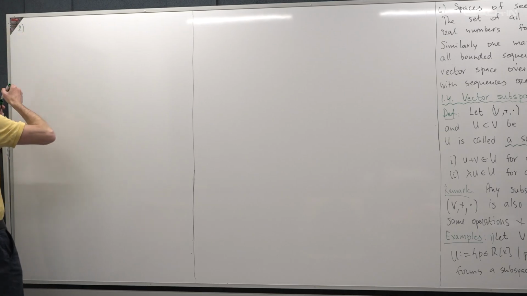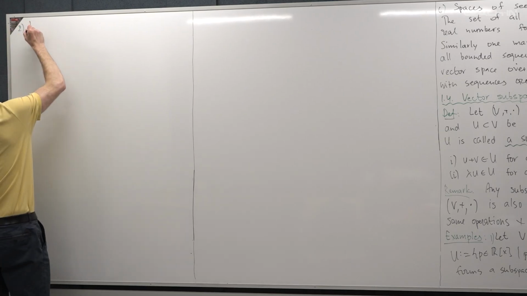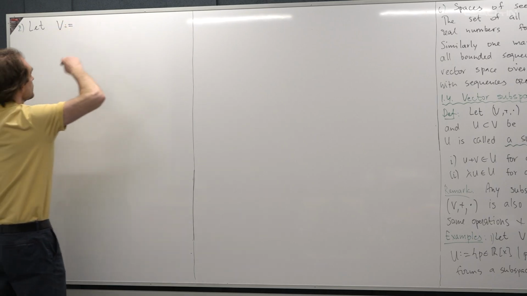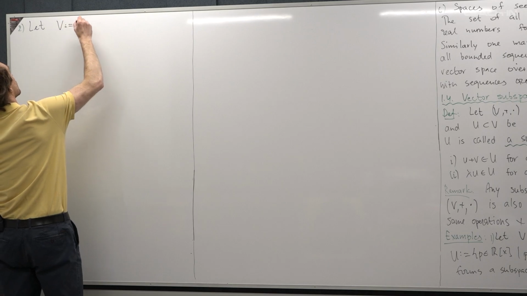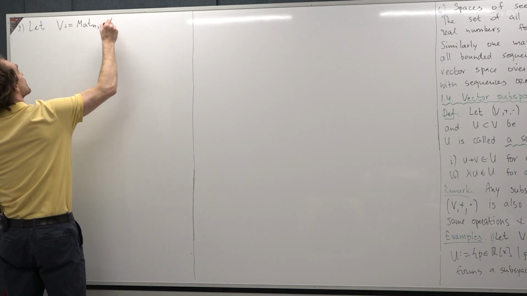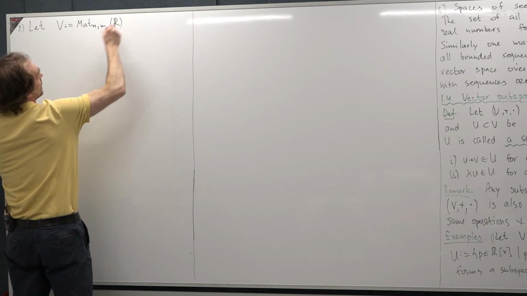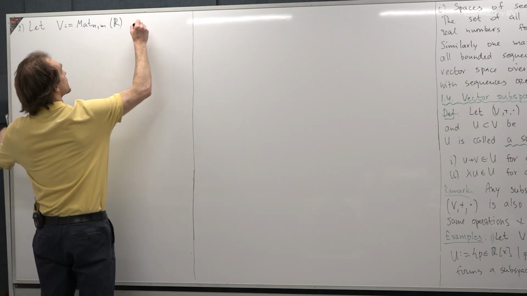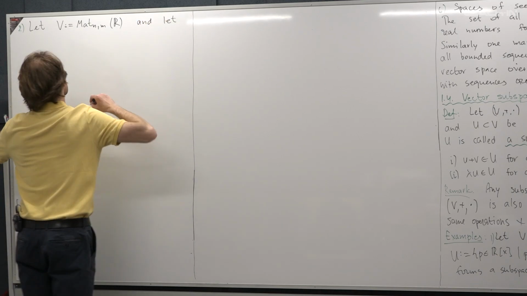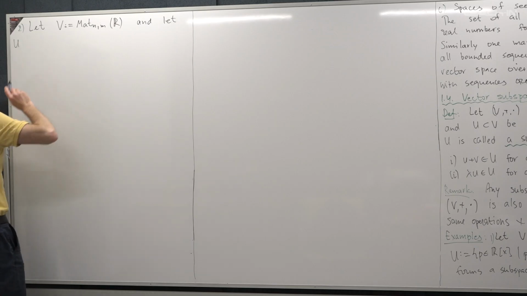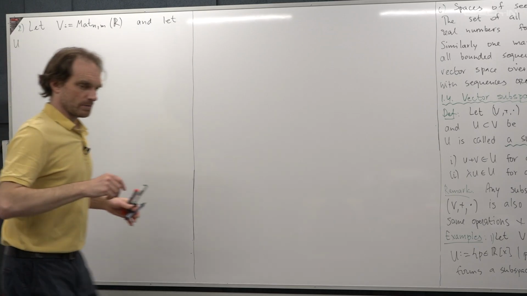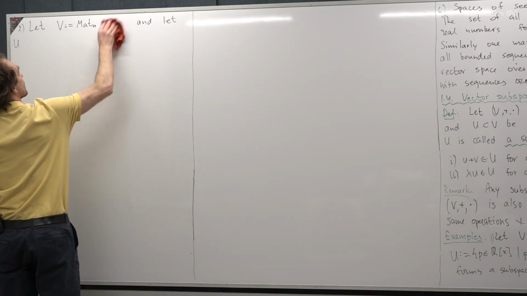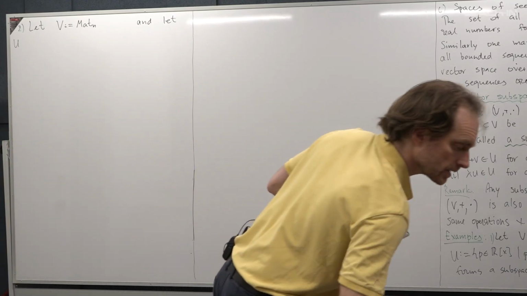So the second example, let V be the space of all n by m matrices with entries from the field of real numbers, and let U, or maybe I'll better consider not the space of n by m matrices, but the space of square n by n matrices.